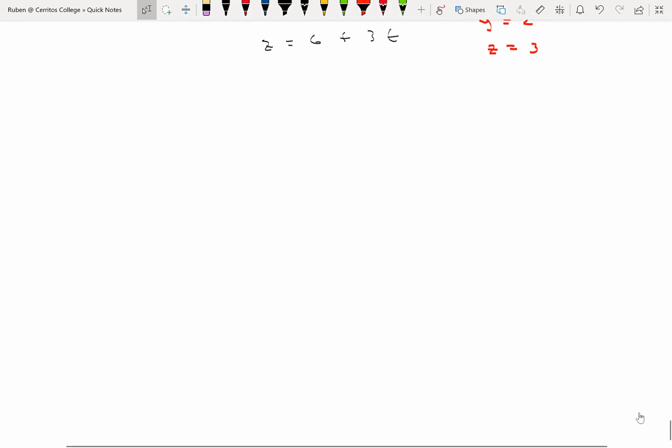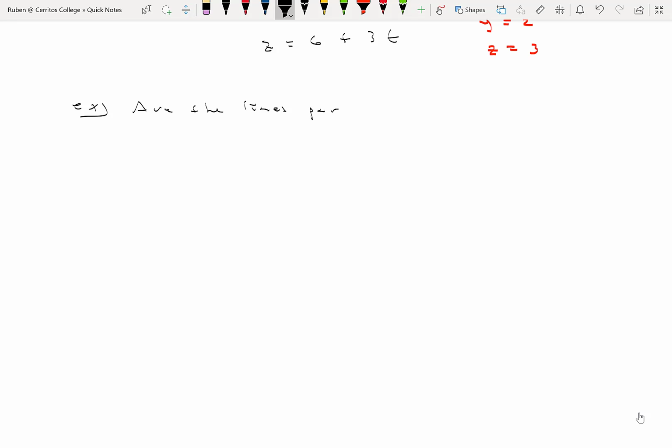Okay, let's take a look at another example. For example, in algebra, one of the first things you did with lines as an exercise is to determine whether they were parallel or not. And that's what I would like to do in this example. So are the lines parallel?